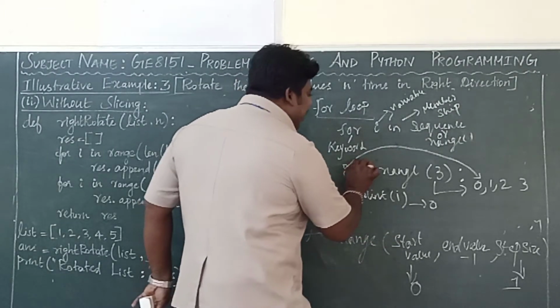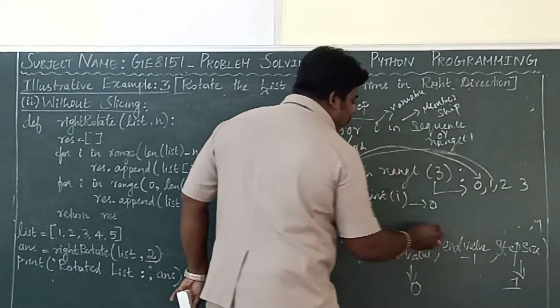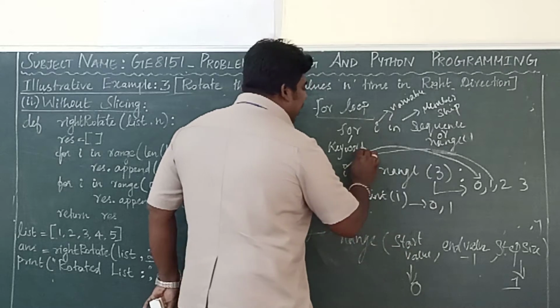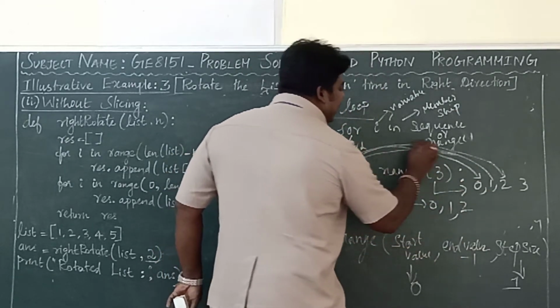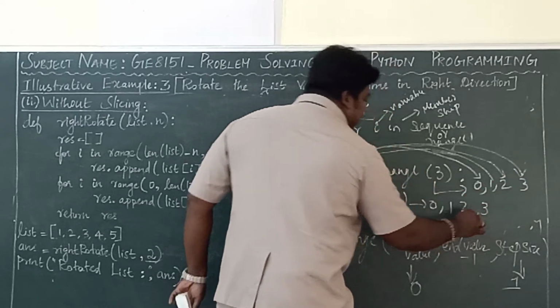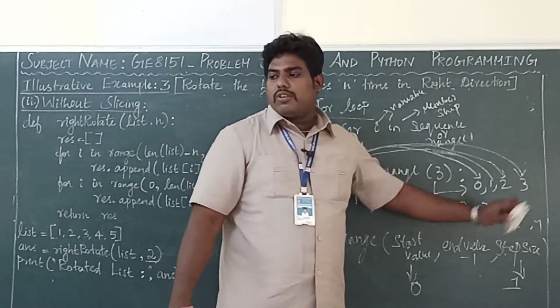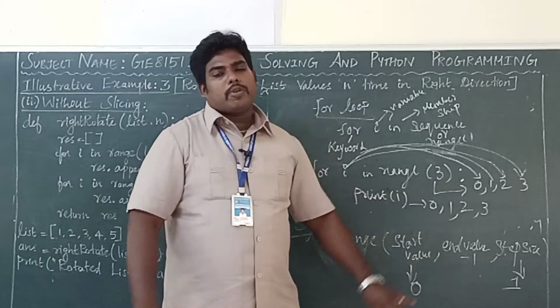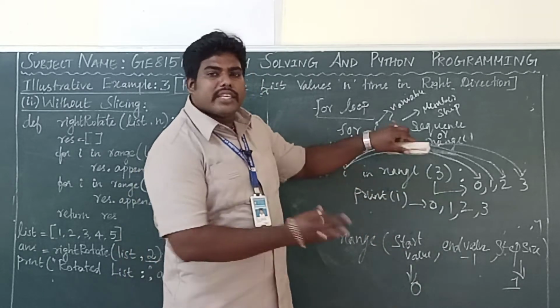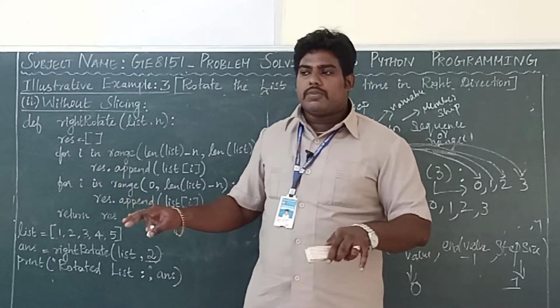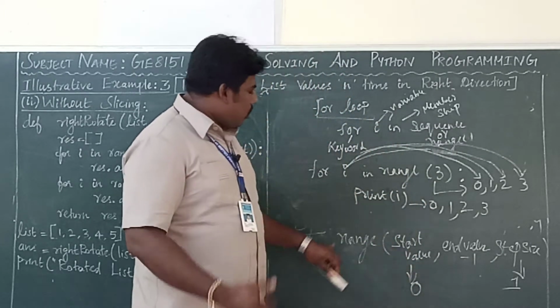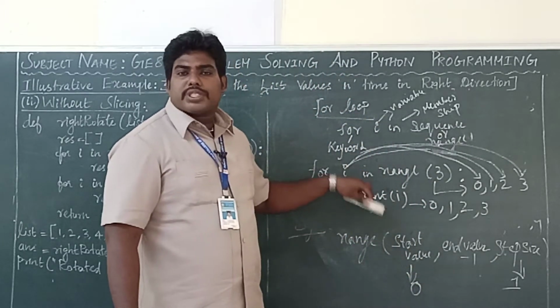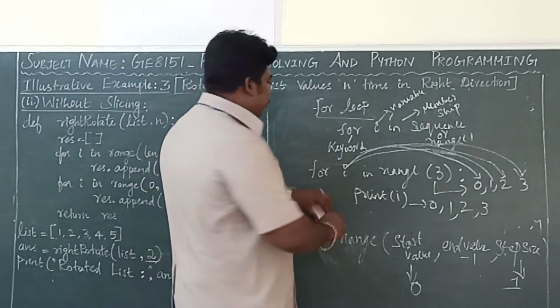In the second iteration, it will take 1. The third iteration, it will take 2. The fourth iteration, no values are there, so the for loop will be closed. So these are the concepts I used in this program. All of you understood what is range and how I used range in the for loop?